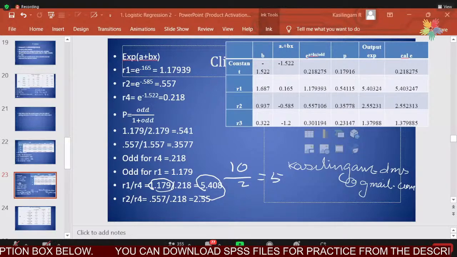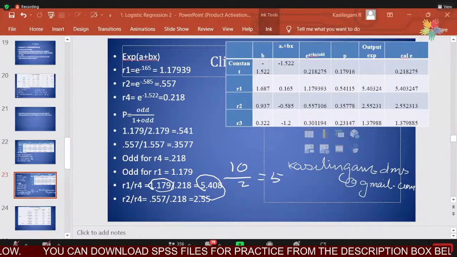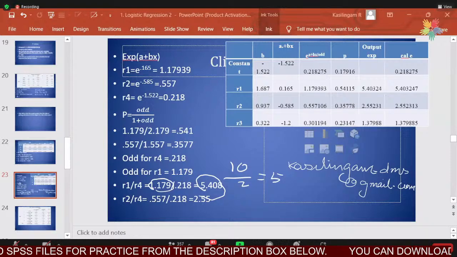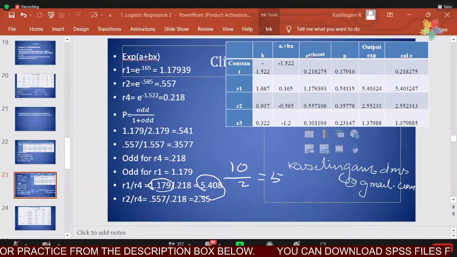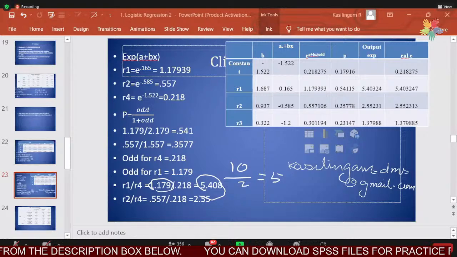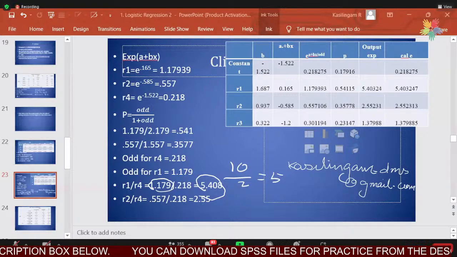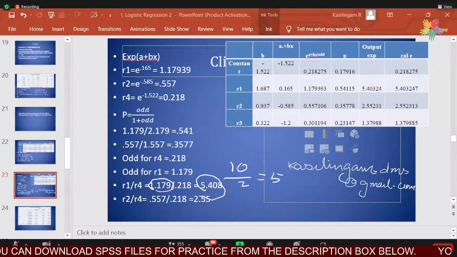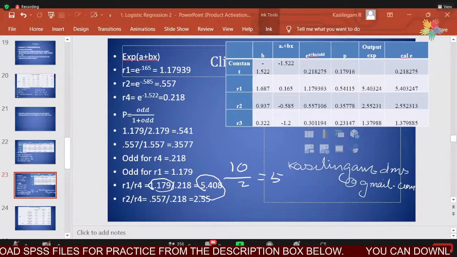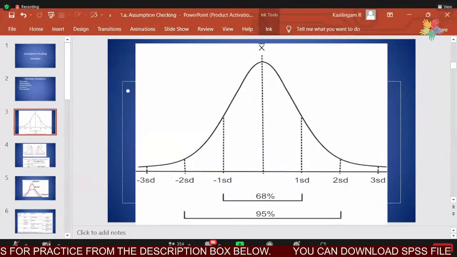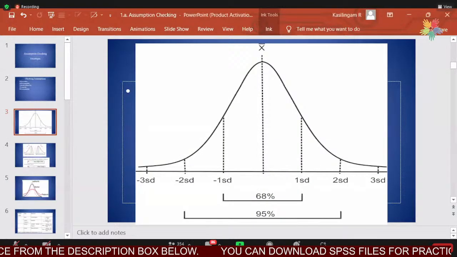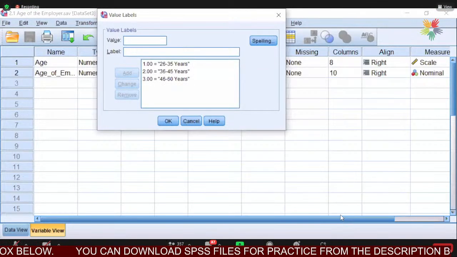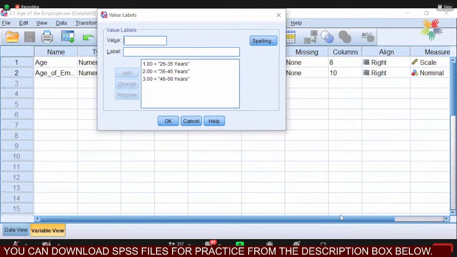Then what I will do is, for example, 26 to 35, 36 to 45, 46 to 60.